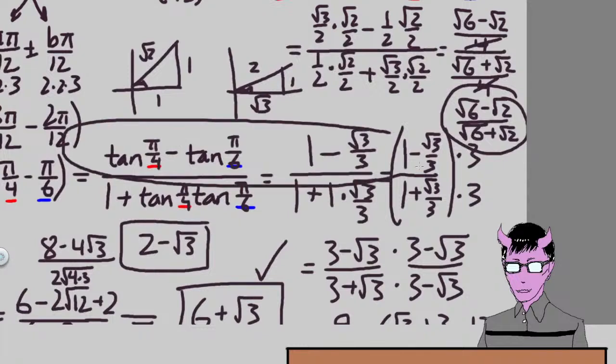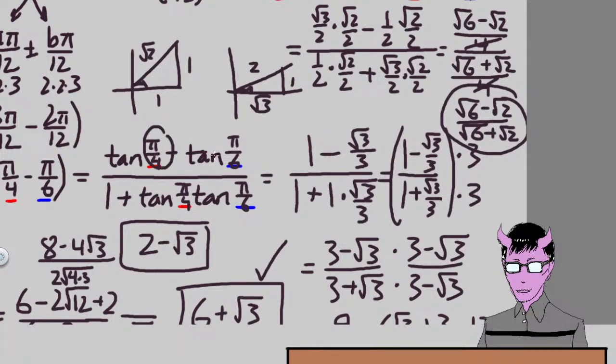And then checking for these ones. Is tangent pi over 4 1? Yes. Is tangent pi over 6 this one? Yes. Opposite over adjacent. So that should be correct. Okay, and then those two numbers are going to be copy pasted in the bottom like so. So that should be good.